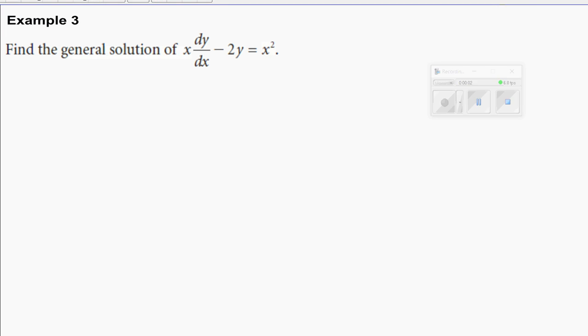Before we start solving this differential equation, we have to rewrite it into standard form. So step 1, rewrite the equation in standard form.